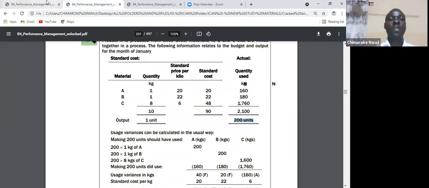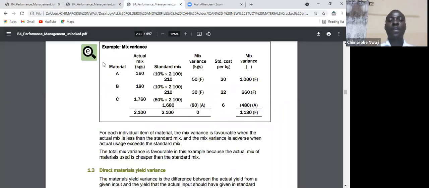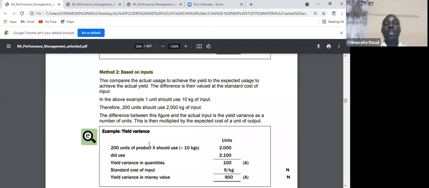So if 1 unit should use 10 kilograms, then 200 units should be 200 times 10, which gives you 2,000 kg. So for you to make 200 units, the input material should not be more than 2,000.